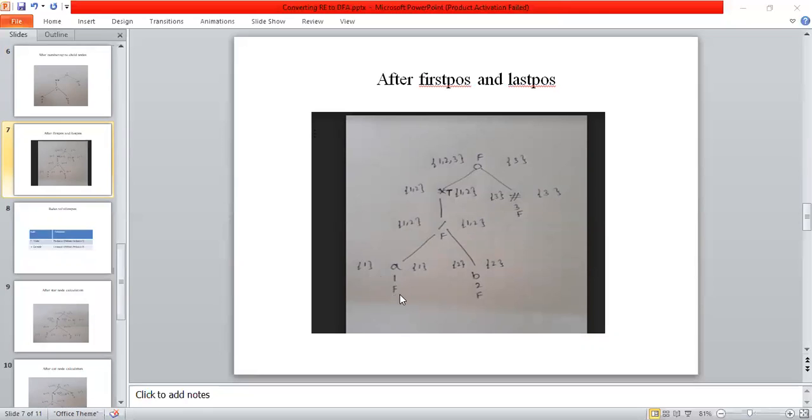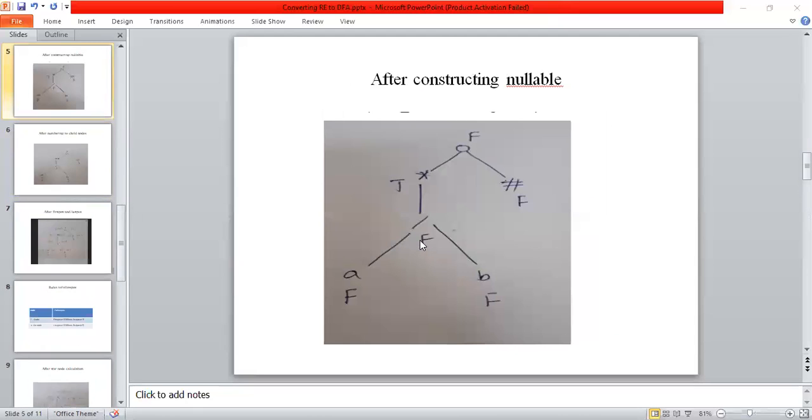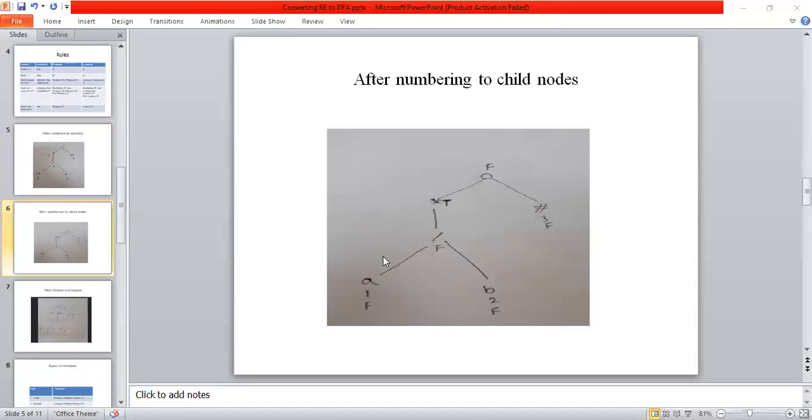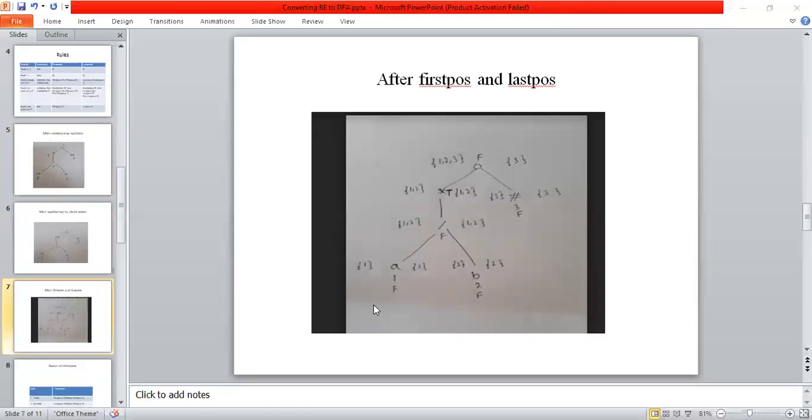Similarly, here I have an OR node. If the node is an OR node, what is the formula we have? First position of C1 union first position of C2, and last position of C1 union last position of C2. Same thing I did here. Here the node is an OR node. This is the C1 node and this is the C2 node.